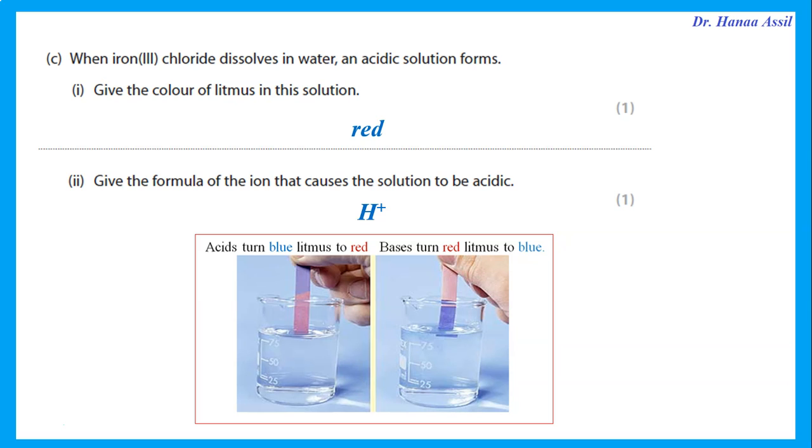In base or alkali, it is OH minus. So if this question says give the formula of the ion that makes a solution alkaline, it's OH minus. Ion that causes a solution to be acidic, it's H plus.